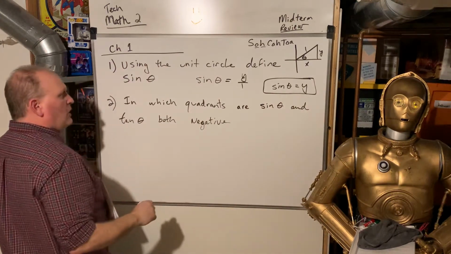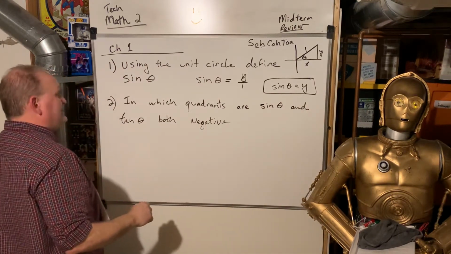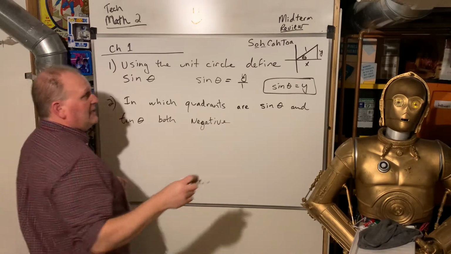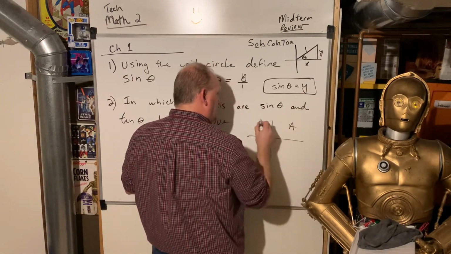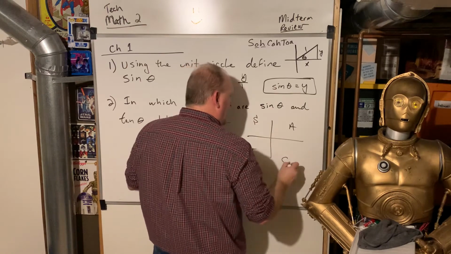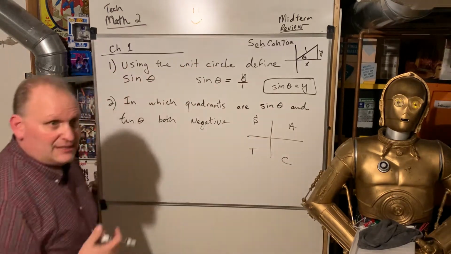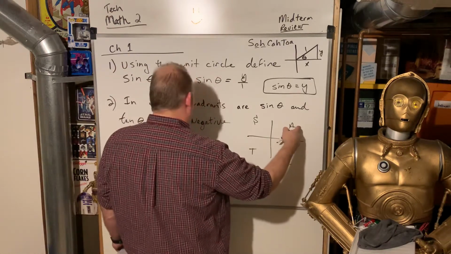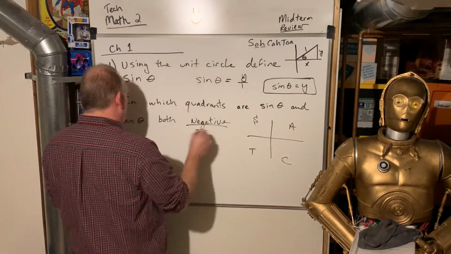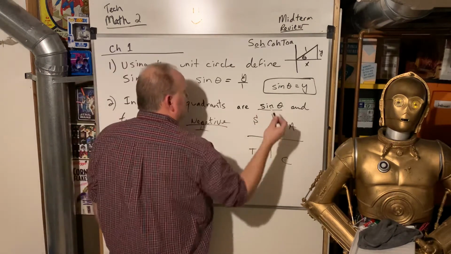All right, in which quadrants are sine and tangent both negative? So this is where All Star Trig Class comes in. That's a mnemonic device to remember that all 3 are positive in the first quadrant. So the first quadrant is out. They want to know where tangent and sine are negative.